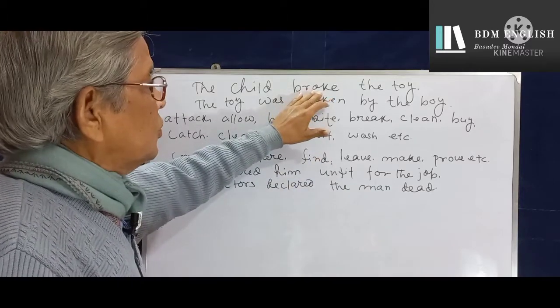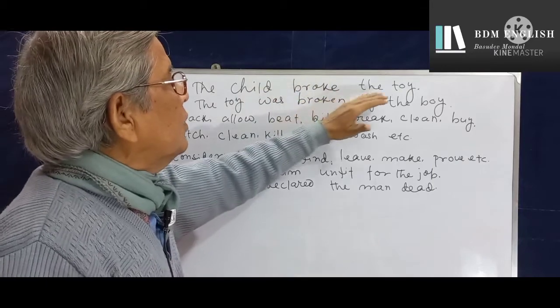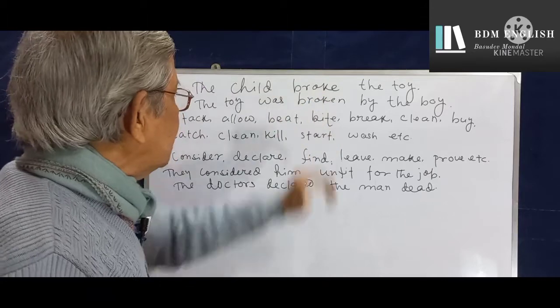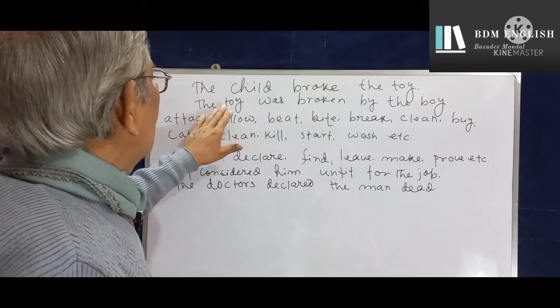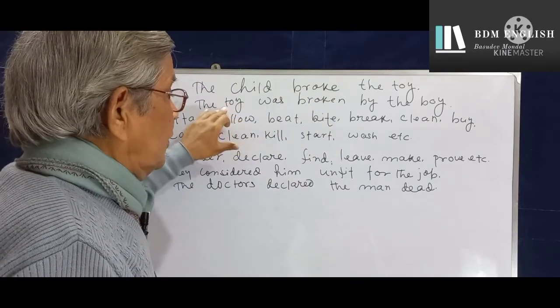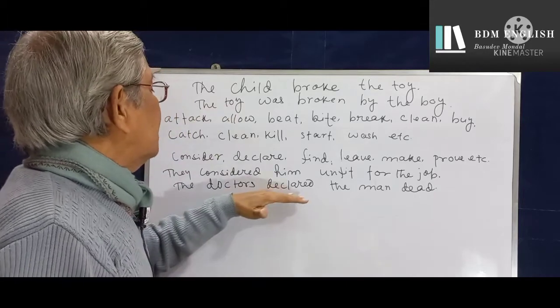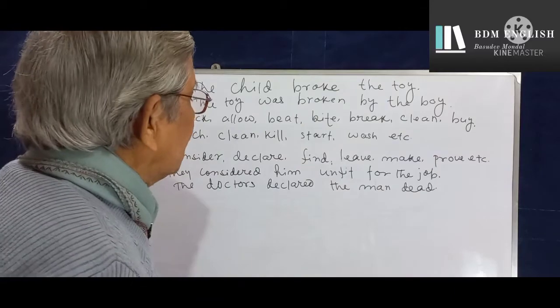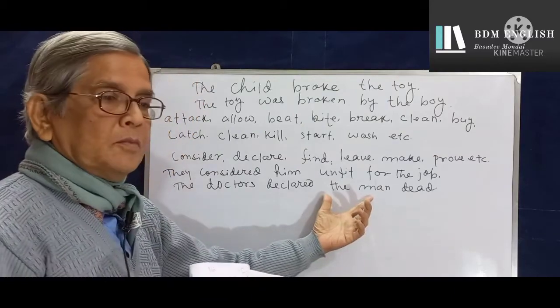The child broke the toy. The sentence is complete when we put the object on the right-hand side of the verb in an active voice sentence, and when we use the object as the subject in a passive voice sentence. But transitive verbs of this category cannot complete the predicate only with the object.